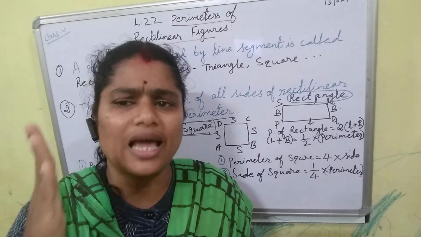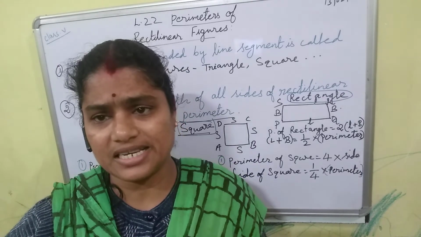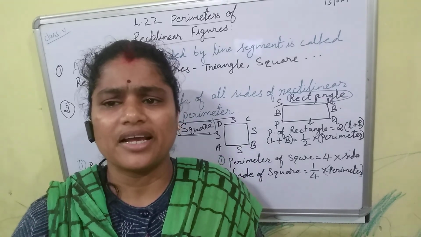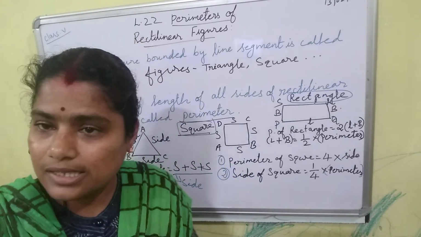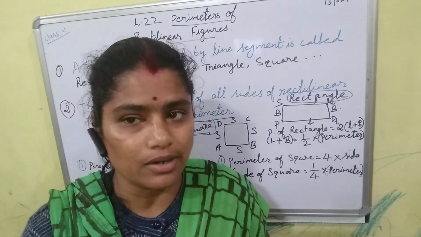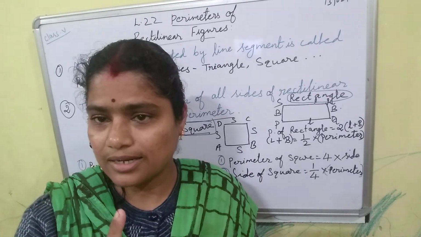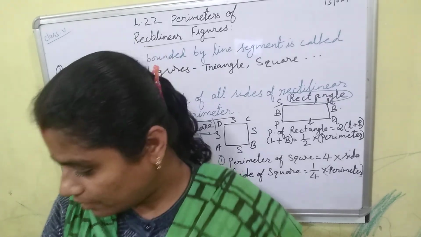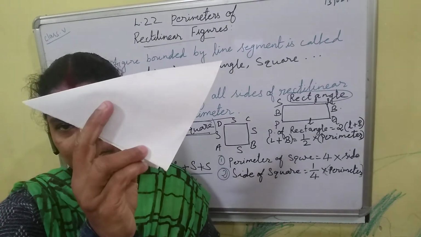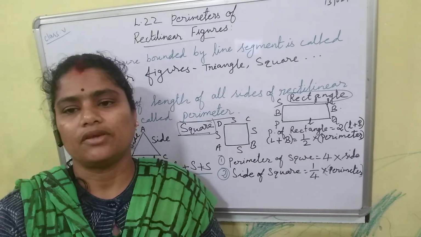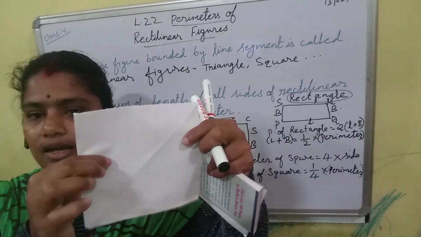Any shape formed by line segments with any number of sides is a rectilinear figure: pentagon, hexagon, octagon, and many more. But in this 5th class you are going to learn only 3 rectilinear figures. One is triangle, whatever it looks like. Next is square, where 4 sides are equal.